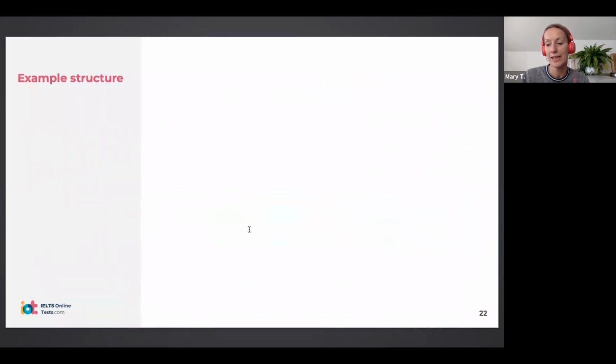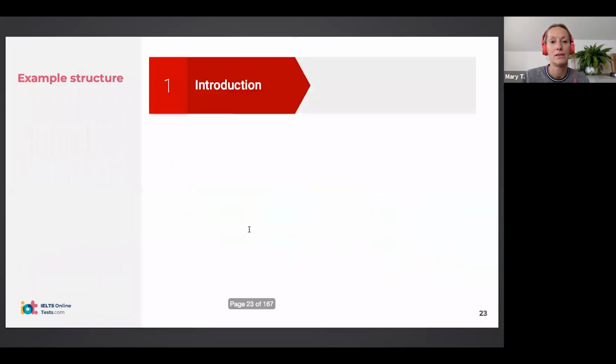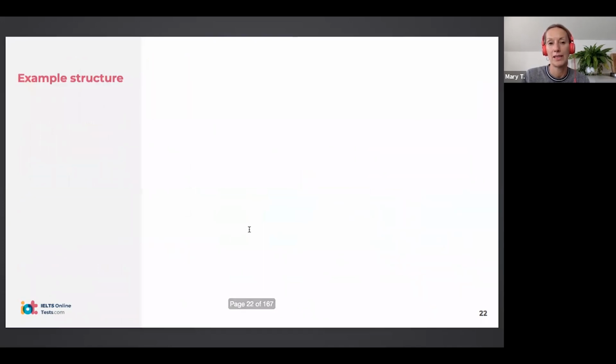Okay, so we'll just have a look at an example structure now. So first of all, I'm just going to ask you, how many paragraphs do you think you need for this type of task? 4. Some are saying 3, some are saying 4. Okay, 4 is correct. That's right.